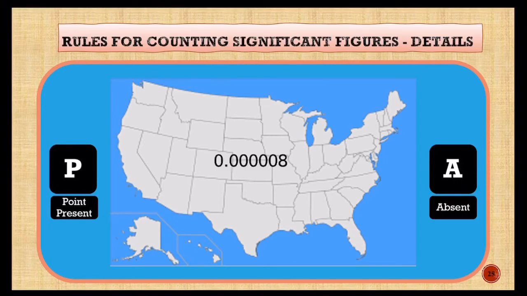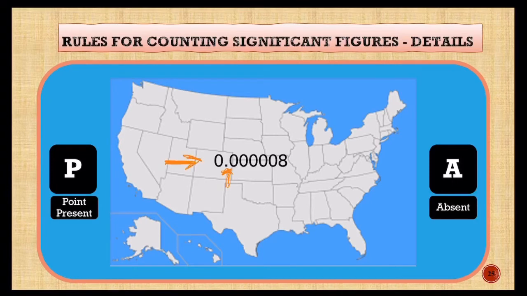So given this value, 0.000008, let's evaluate how many significant digits there are. The way you would apply this is you would look to see if your value has a decimal point, and it does. It's right there. So if your value has a decimal point, you begin counting from the Pacific side or the left side.